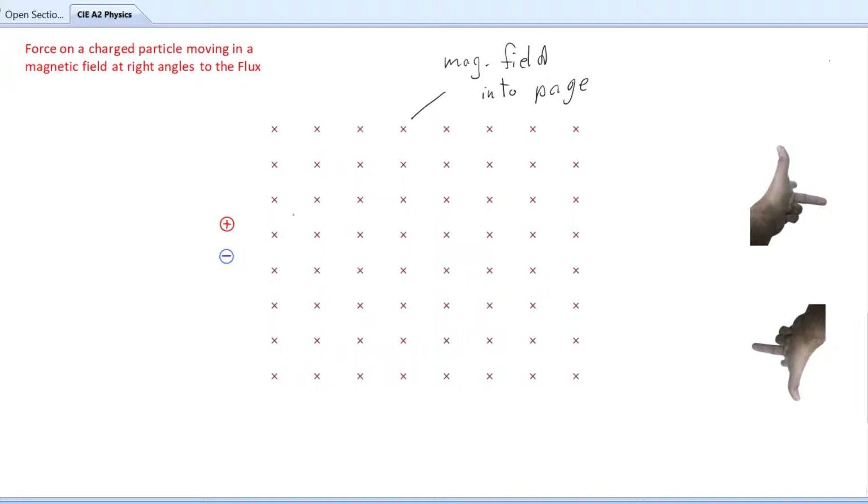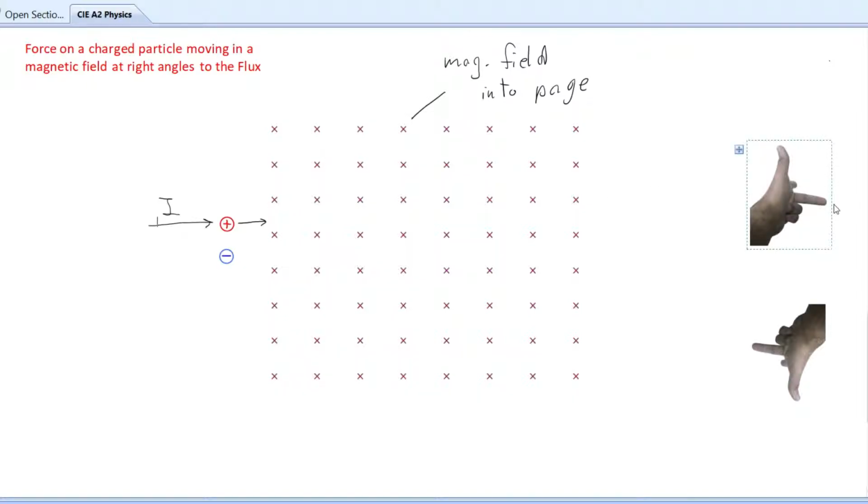So what happens if you have a charge, a positively charged object, moving to the right and entering the magnetic field? In this case, if you have a moving charge, you have a current. And if it's a positive charge, then the current is in the same direction as the motion of the particle.